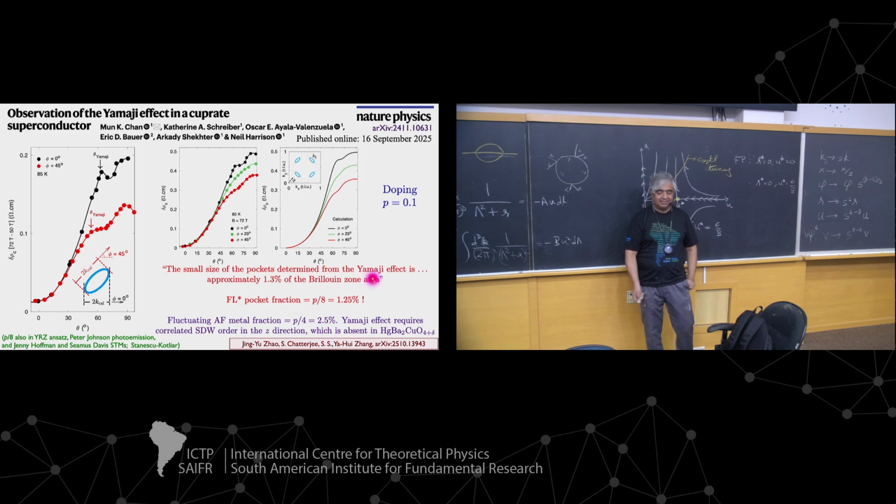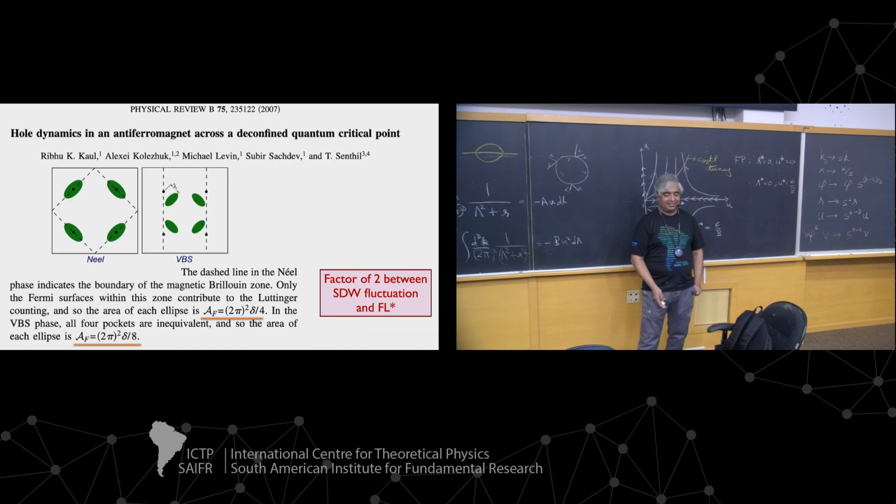So this wins. And I should say that this factor of 2 was explicitly in a paper a long time ago, in 2007, where we considered some very related physics. We had p over 4 for spin density wave and p over 8 for some spin liquid type state.